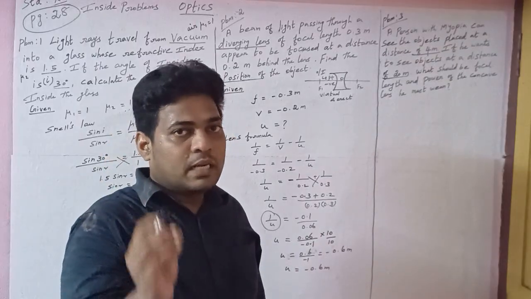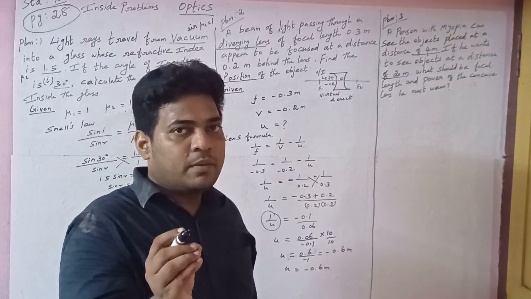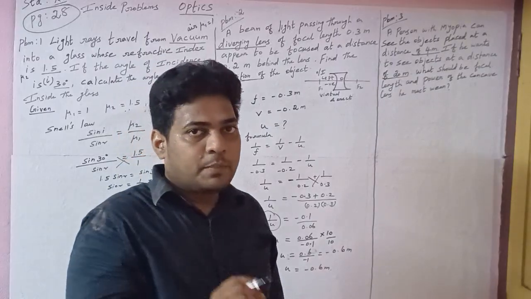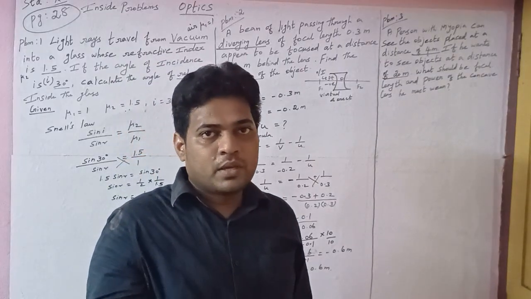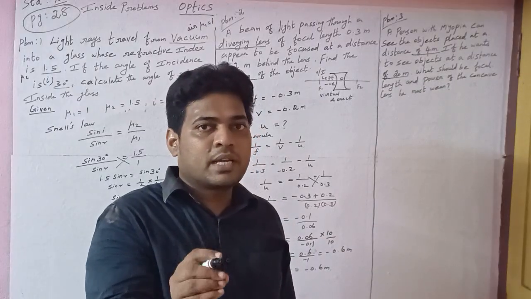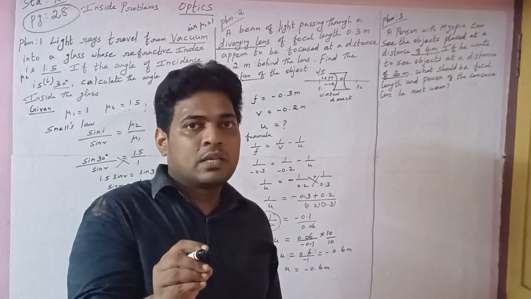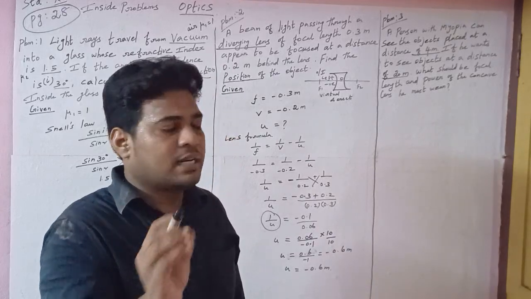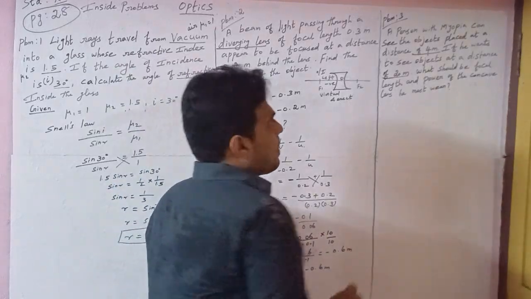That problem can be rectified by using the concave lens. Let me repeat: a person can be affected by myopia, so that problem can be rectified by using the concave lens, because the concave lens is a diverging lens. It is treated by using myopia, it's short sightedness.